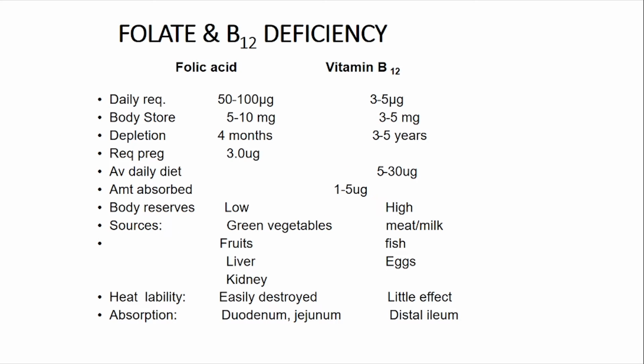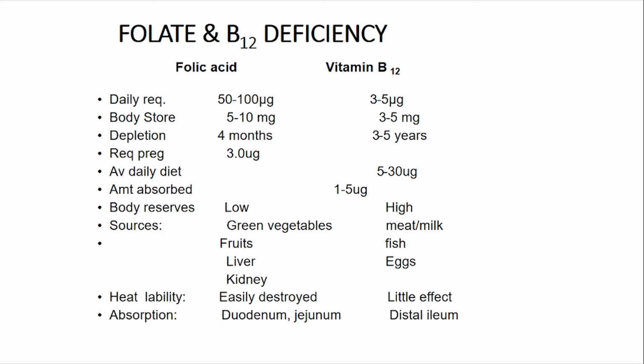Also, folate and B12 deficiency has been found to be one of the causes of anemia in pregnancy in this environment, and about 50 to 100 micrograms of folic acid is required daily for a pregnant woman. The body store is about 5 to 10 milligrams, and the depletion is rapid, about 4 months for it to get depleted in the body.